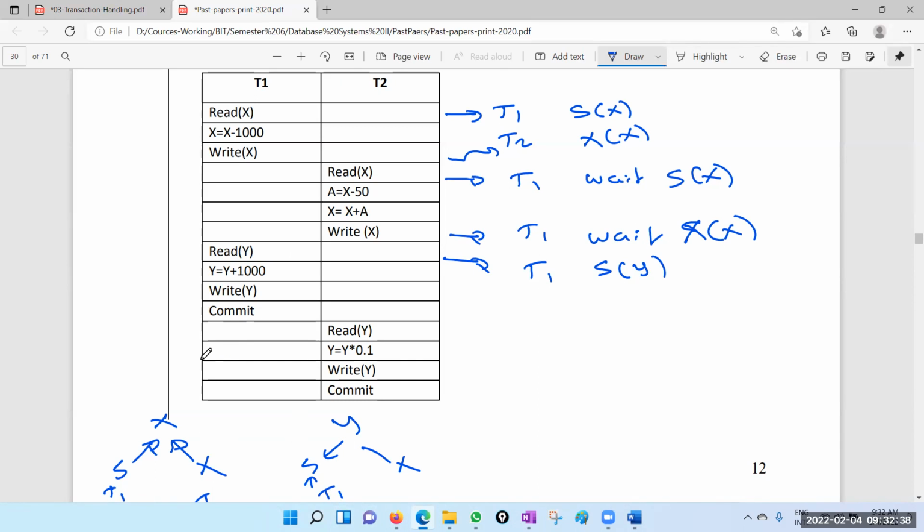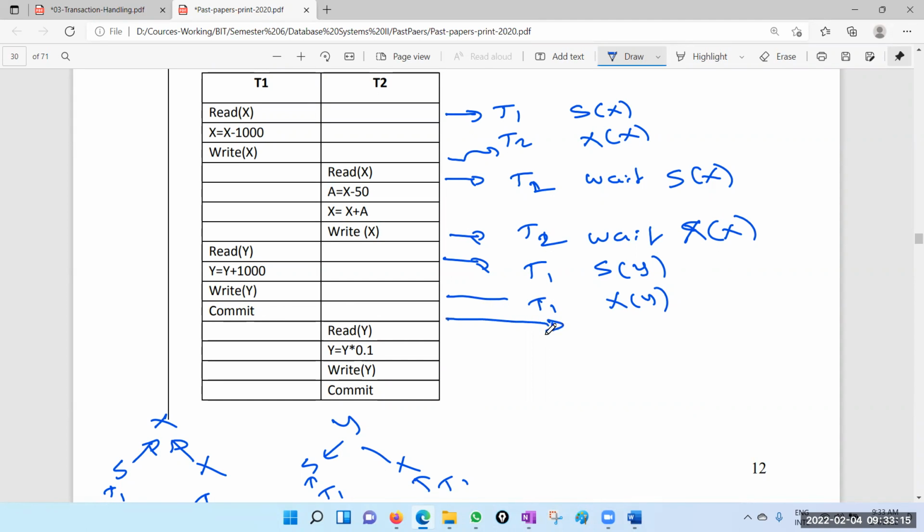Now, the previous one is transaction 2, yes, sorry, thank you for that. So this is transaction 2, and they are waiting. Now transaction 1 gets the shared lock of Y, and it also gets the exclusive lock of Y. And now it commits.